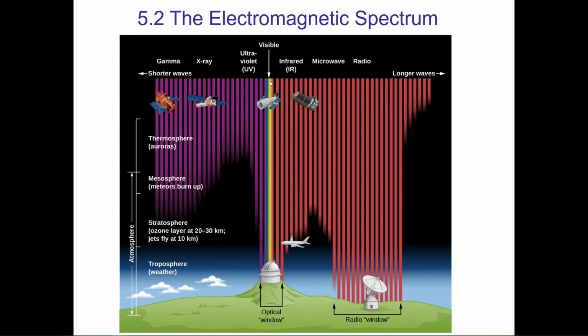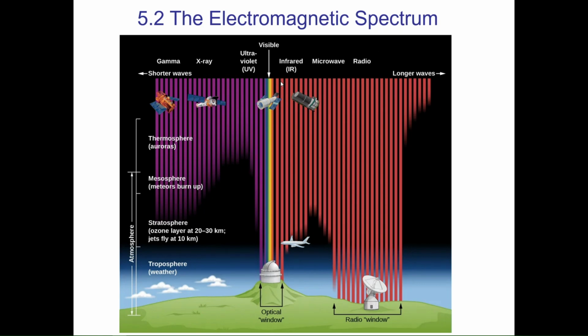Other than visible light, there are also other types of electromagnetic radiation that our naked eye cannot see. But they are also very important, because stars, the celestial objects, radiate the full spectrum of electromagnetic radiation.